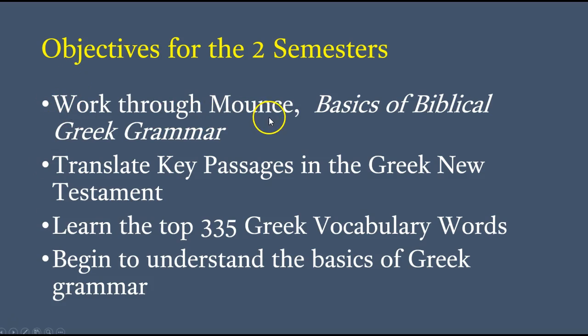We're going to work through Mounce's the basics of biblical Greek grammar. He has a grammar book and a workbook of exercises, so we'll work through the exercises as homework, and then we'll cover this as the basics of the grammar. We're going to translate key passages from the Greek New Testament.